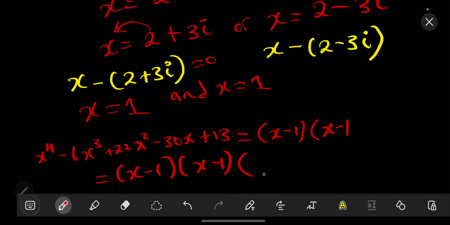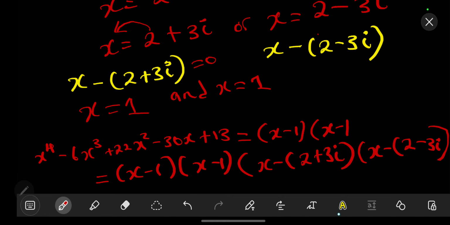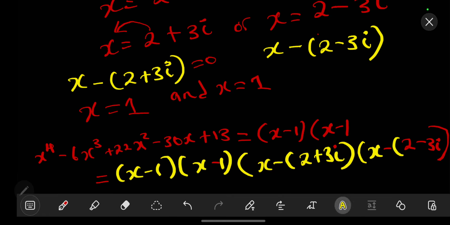Then the other factors are x minus open brackets 2 plus 3i, and x minus 2 minus 3i. So these are the factors that we have. This is how you can factorize the equation provided in that form.